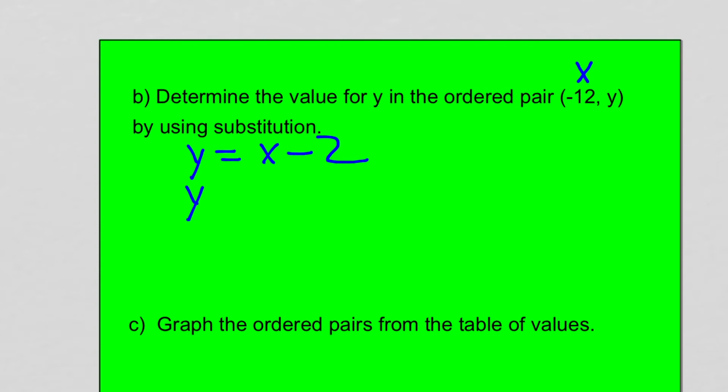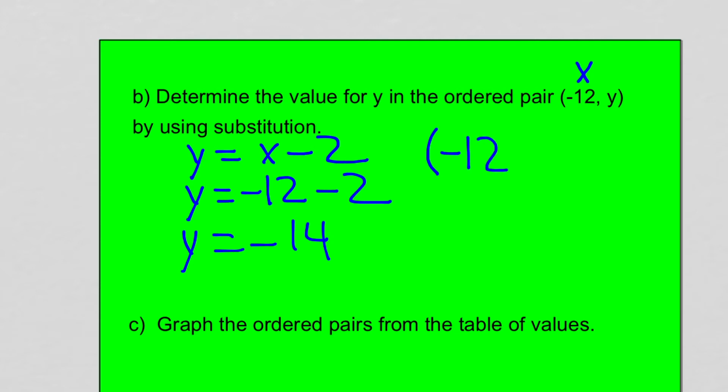So y equals -12 minus 2. And we have 12 negatives and 2 negatives. That makes -14. So when x is -12, y is -14.